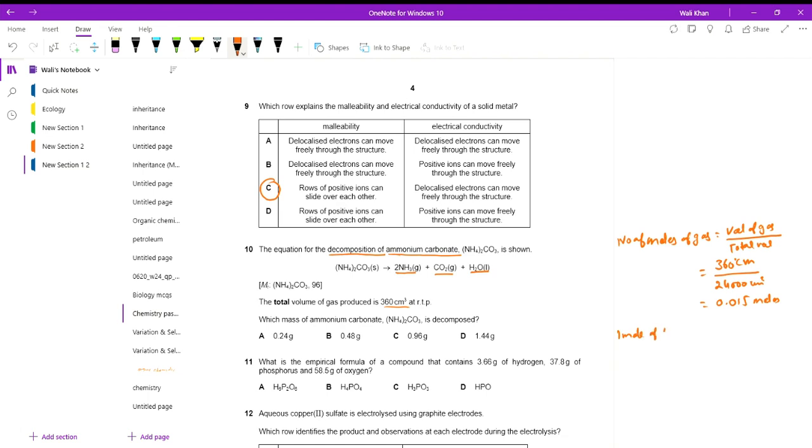1 mole of ammonium carbonate produces 3 moles of gases, ammonia plus carbon dioxide. Now we have to find the moles of ammonium carbonate.